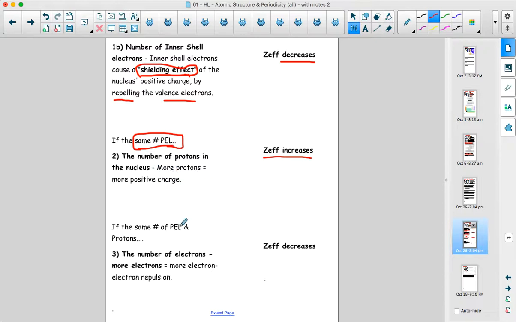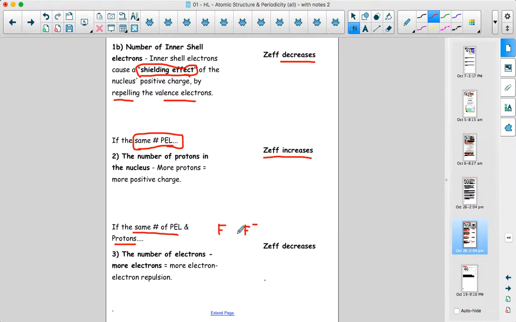And finally, the last thing to concern yourself with, and this only comes up in very particular rare circumstances, is that you can sometimes be asked to compare particles that have the same number of principal energy levels and the same number of protons. This could really only happen if you're dealing with an atom compared to a negative ion. So, for example, if we compare the fluorine atom to the fluorine ion, which is F1 minus.